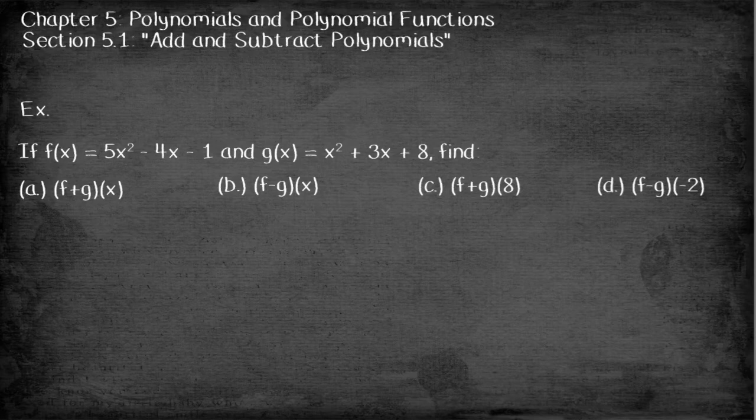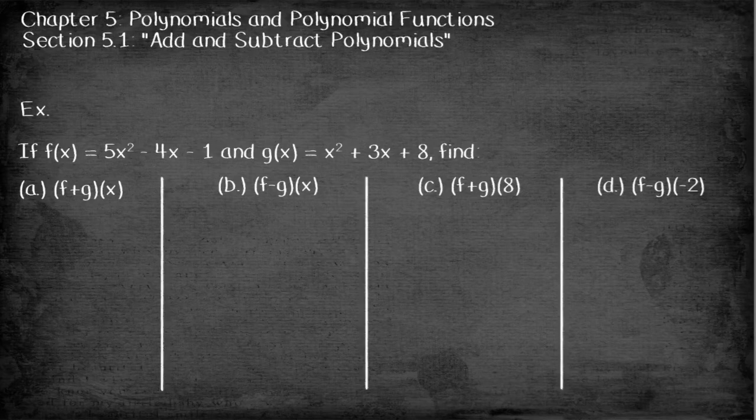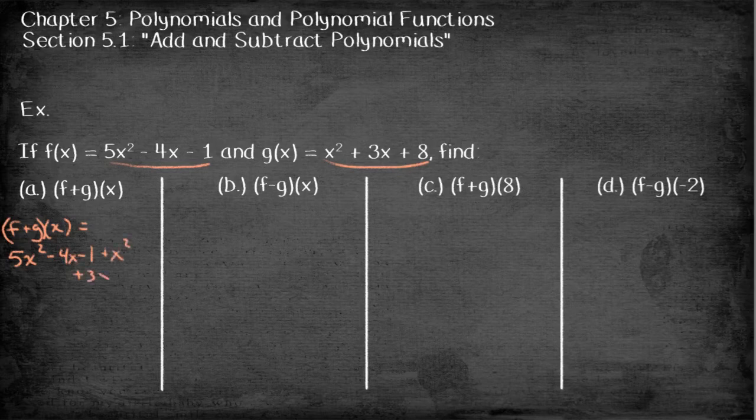All right, so for an example to close things off, if f of x is equal to 5x squared minus 4x minus 1, and g of x is x squared plus 3x plus 8, we want to find these three things. First up, we want to find f plus g of x. This is just going to be the sum of these two expressions together. So we have 5x squared minus 4x minus 1 plus x squared plus 3x plus 8.